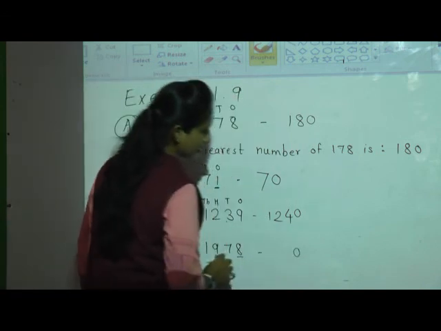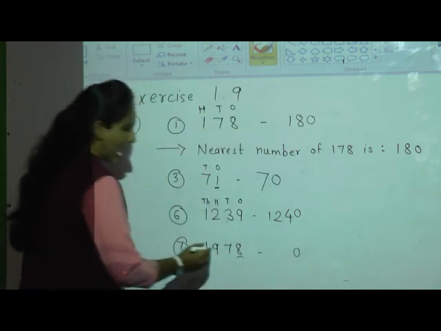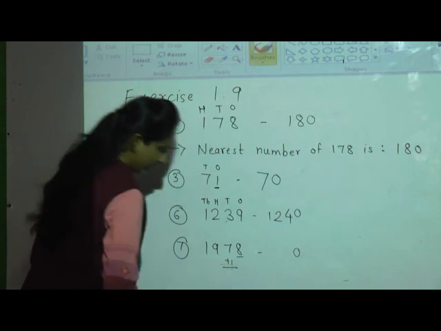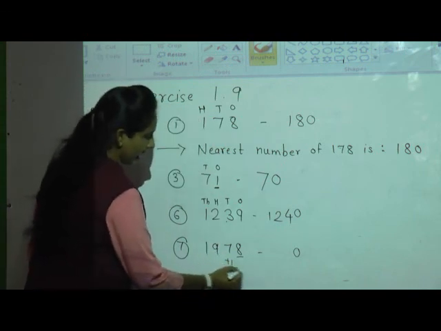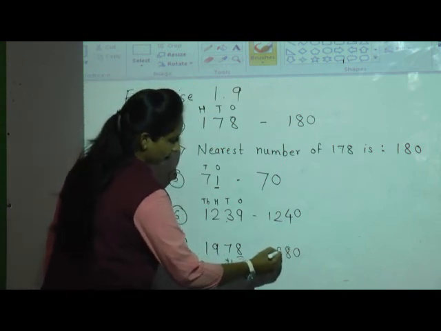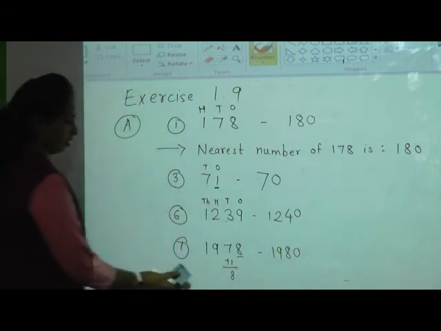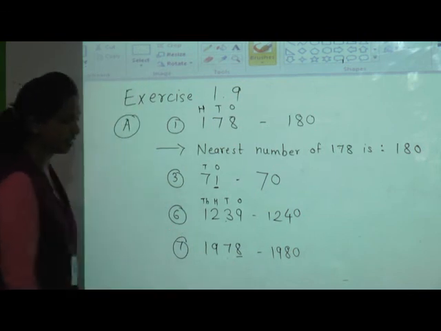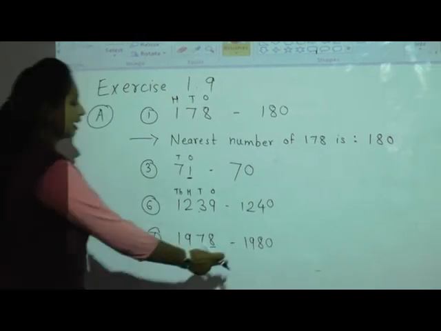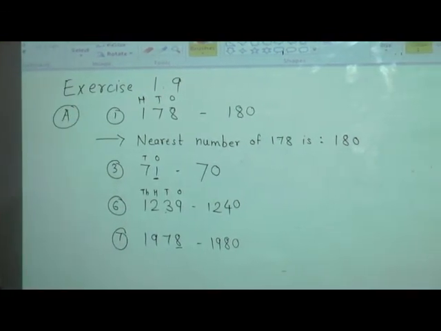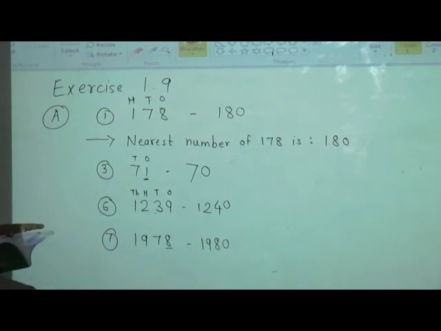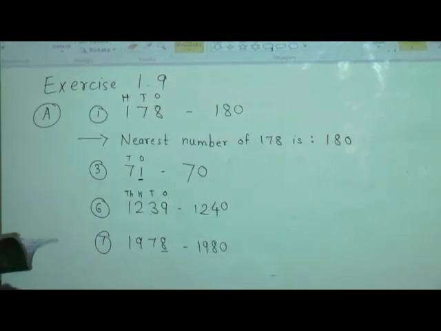Just place the 0 at 1's place and add 1 to the 10's place. 7 plus 1, 8. And write the remaining numbers as they are. Got it? The nearest number is 1980. In this way, you will solve the remaining second, fourth and fifth ones.